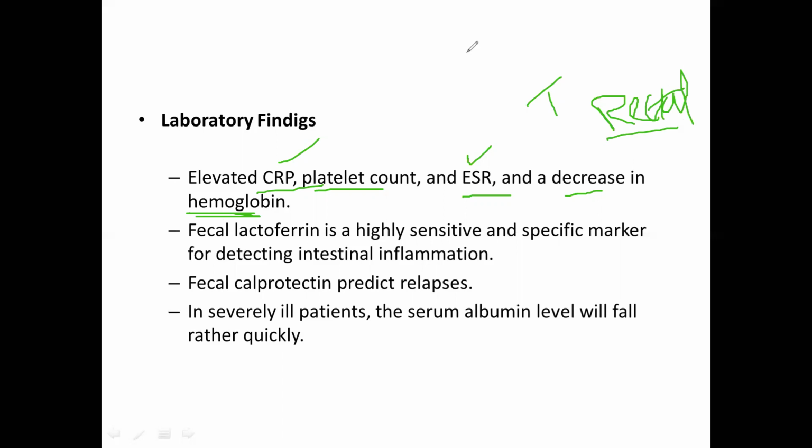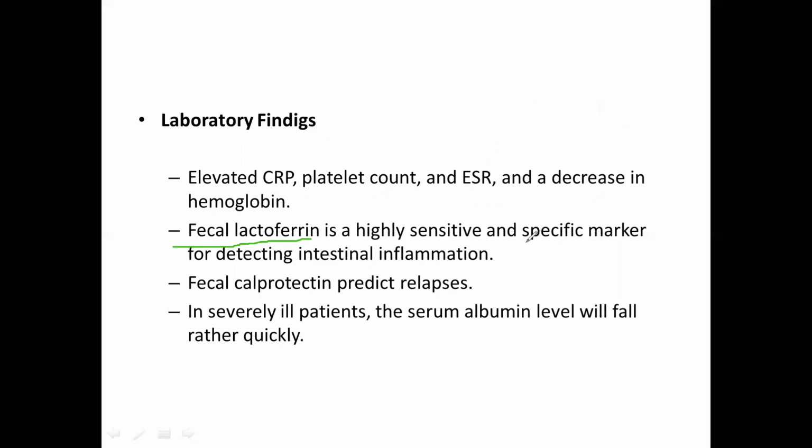The next laboratory finding is increased fecal lactoferrin. This is a highly sensitive and specific marker for detecting intestinal inflammation, so you should always remember it. Fecal lactoferrin is a protein which is usually released by neutrophils.